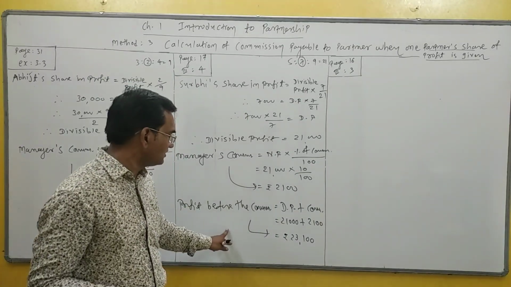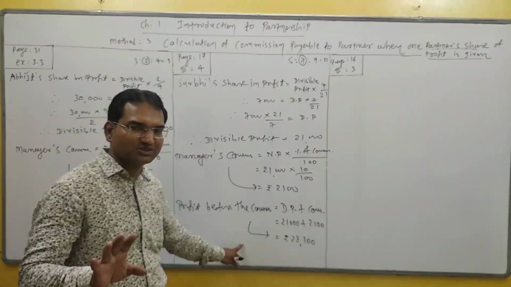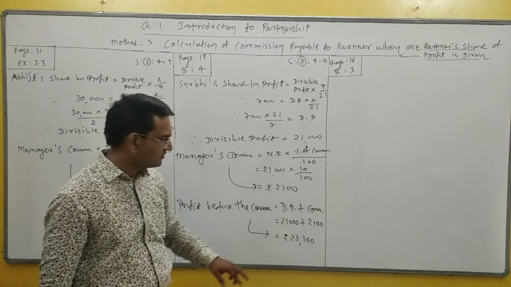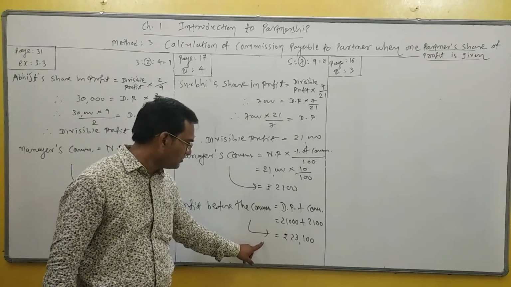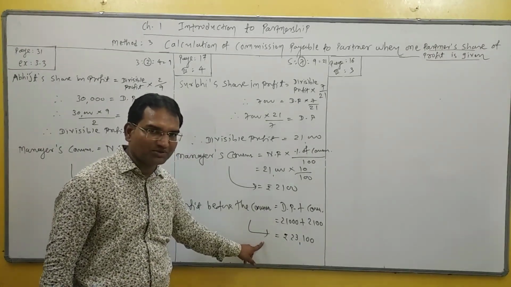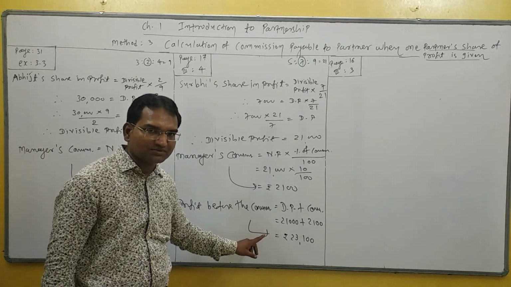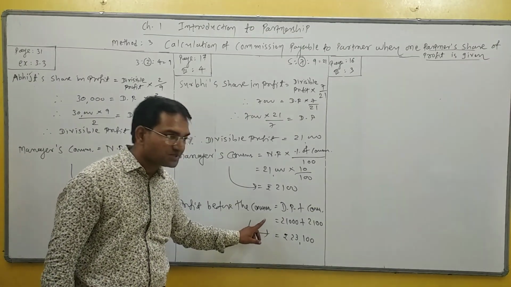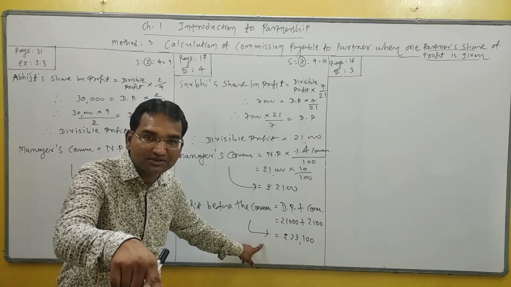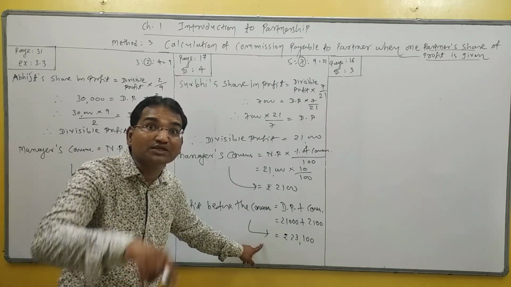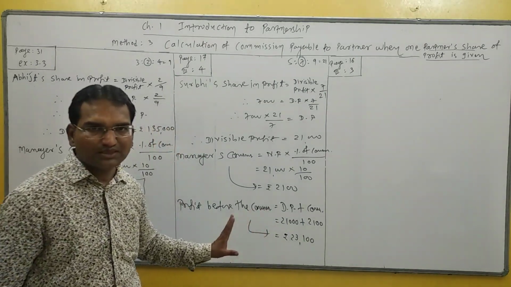So this is the profit before commission. Just try to cross check. Students, this is profit before commission, and if such profit is given in the example, in that case 10 by 110. Understand?